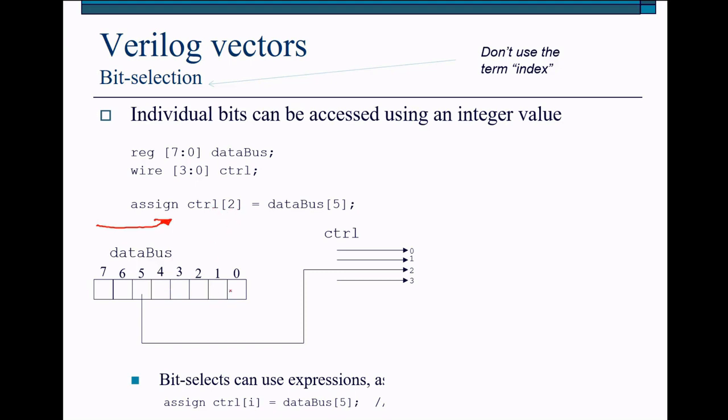If we want to update a quantity inside the data bus, because the data bus is of type reg, one way to do this is inside an initial construct. So we could have the following: data bus bracket 3 is equal to 0.